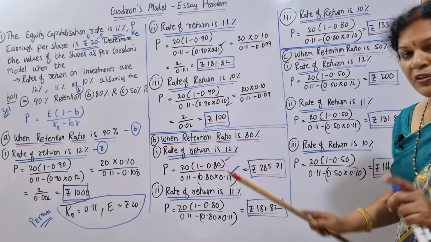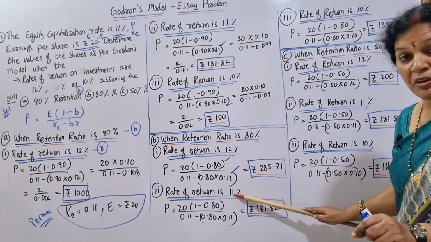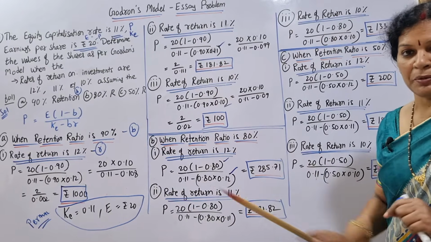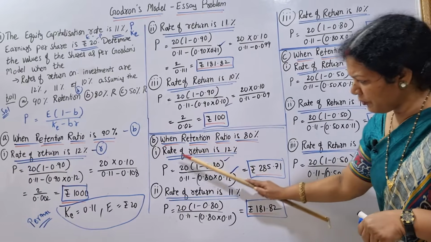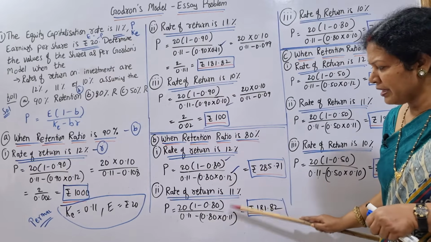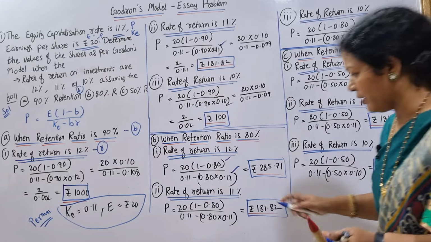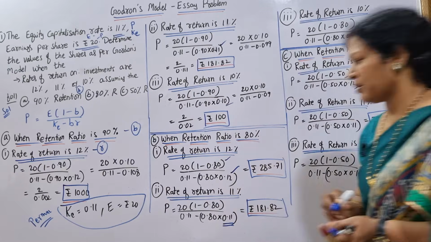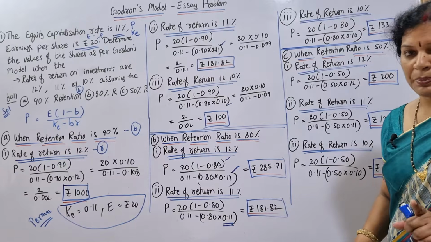Same retention ratio of 80%, when the rate of return decreases from 12% to 11%, same as the previous one. Same formula as it is, except in place of 0.12 we keep 0.11, because we are expecting a rate of return of 11%.